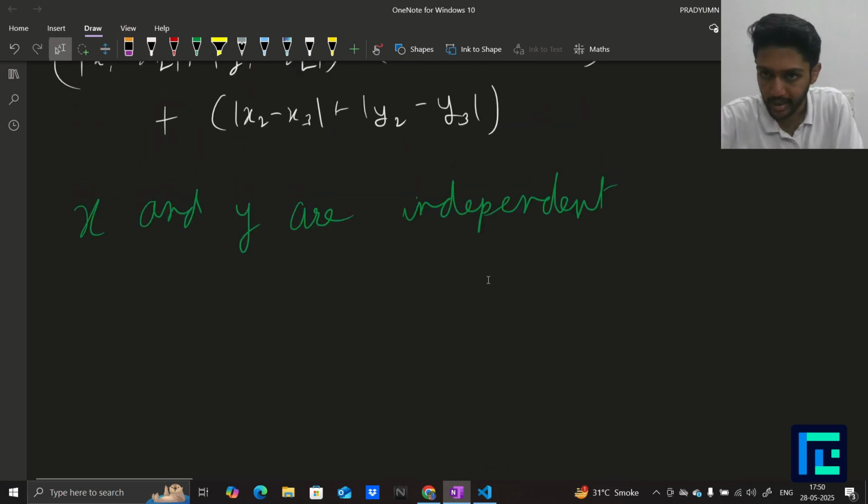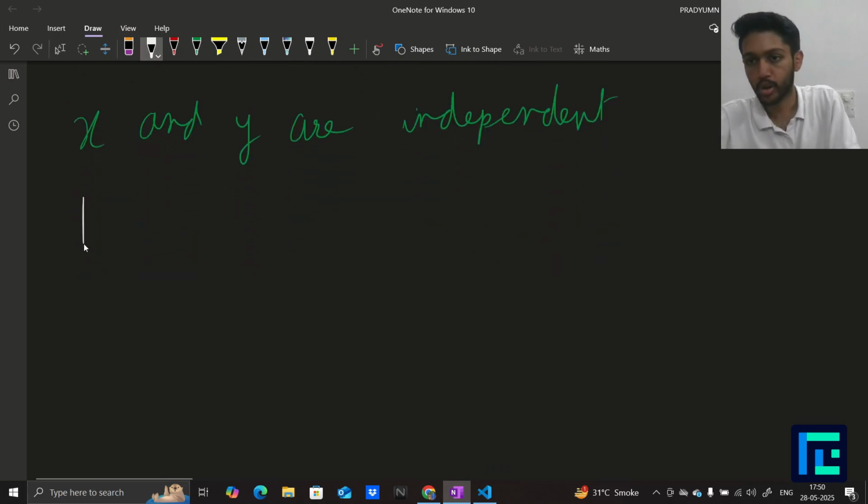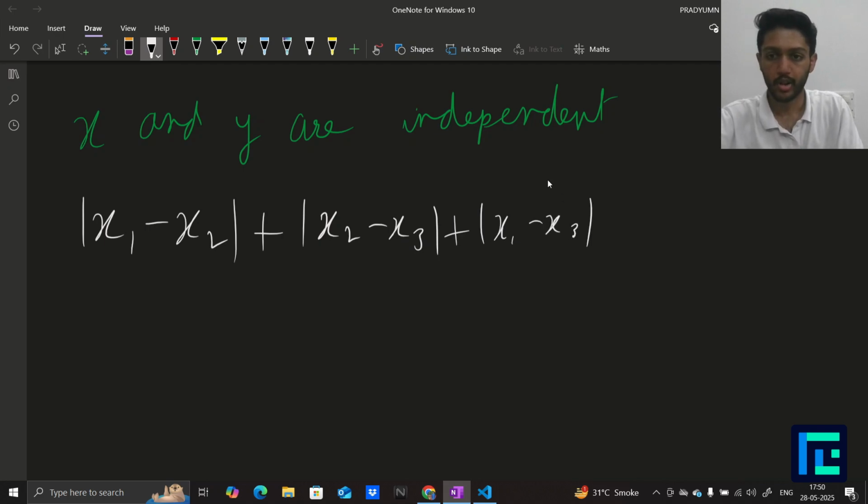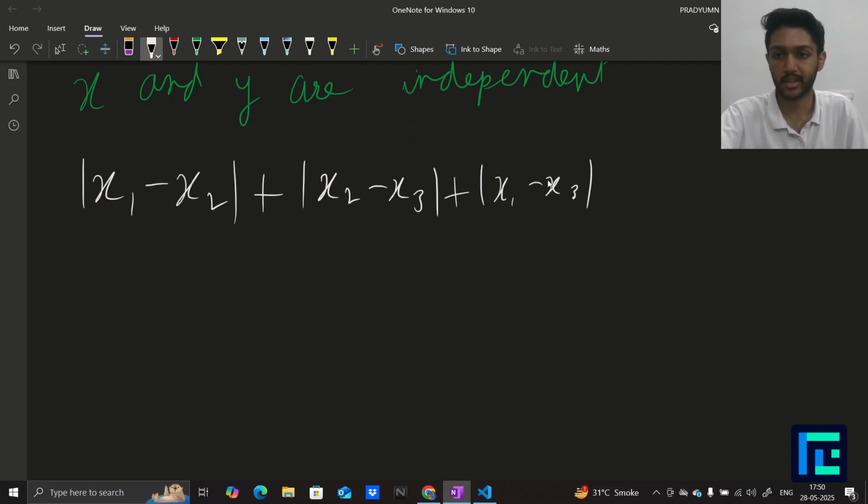What we want to calculate here is, let's say there are only three vertices having a particular color. So we have mod of x1 minus x2 plus mod of x2 minus x3 plus mod of x1 minus x3. Now this is not something like x1, x2, x2, x3, x3, x1. No, it is like all pairs.